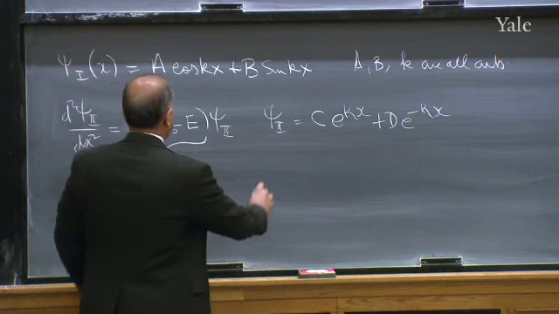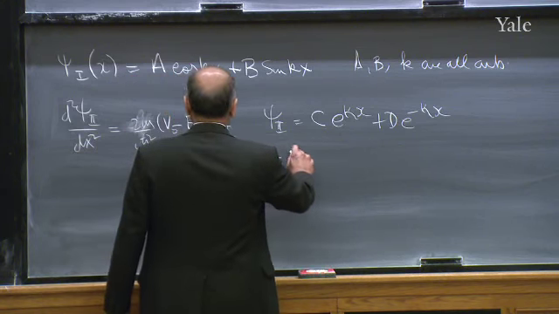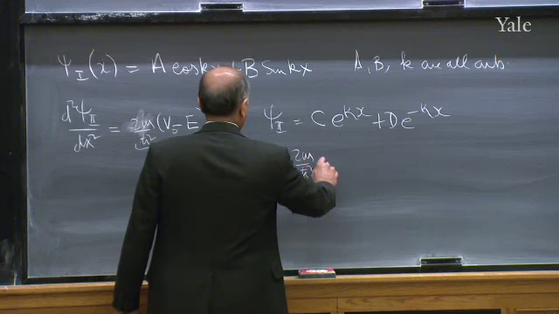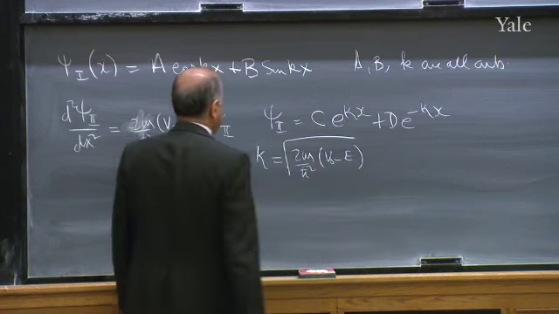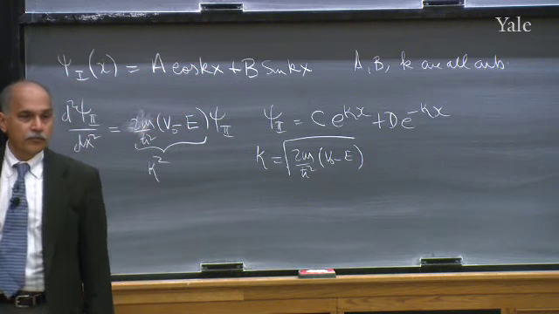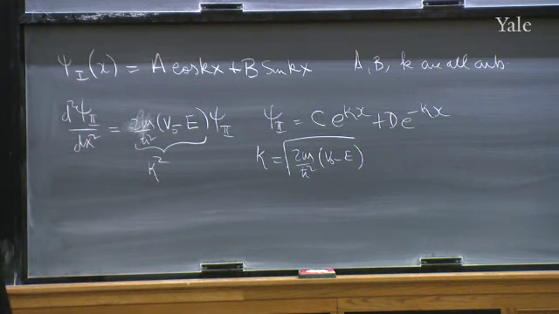Yes, now kappa is equal to the square root of 2m over h bar squared times (v0 minus e). So these are now real exponentials and not imaginary exponentials.